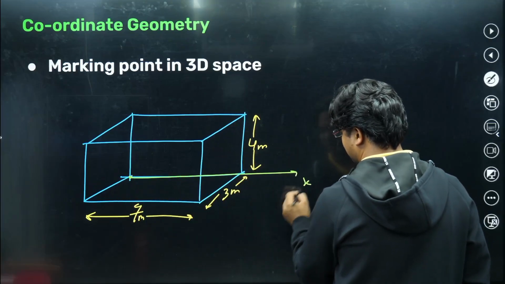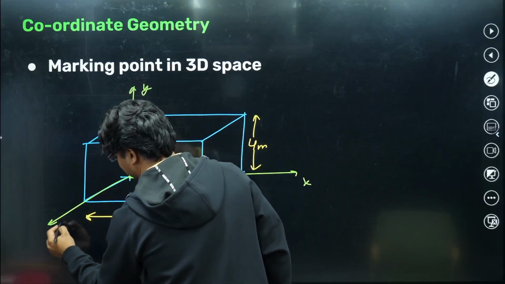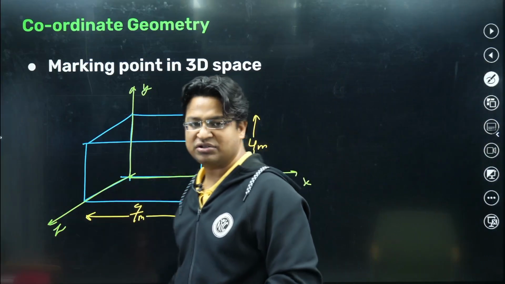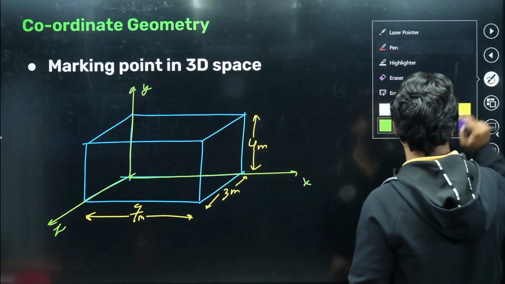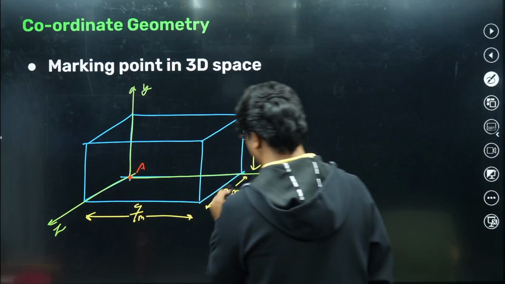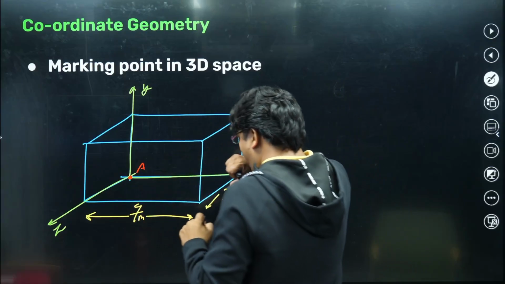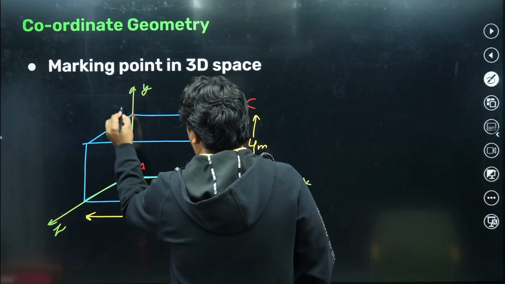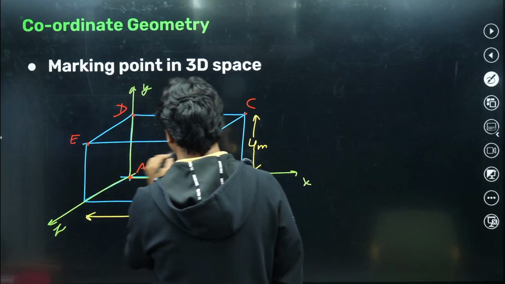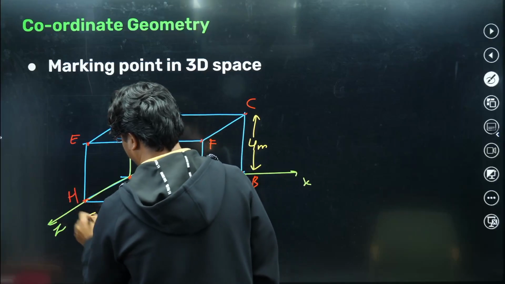This is x-axis, this is y-axis and this is z-axis. Now let us give names to all the vertices of this cuboid. Let this be A, B, C, D, E, F, G, and let this be H.